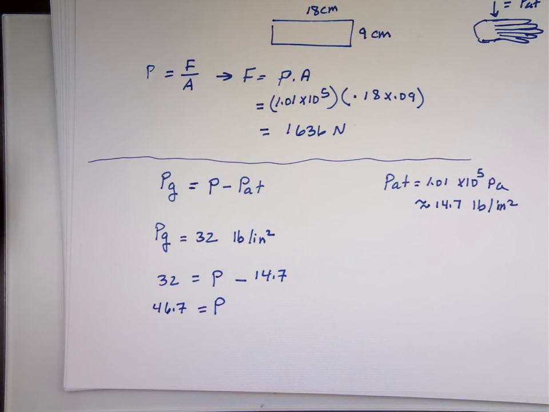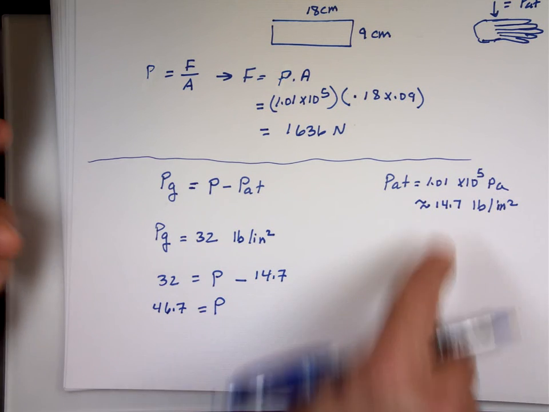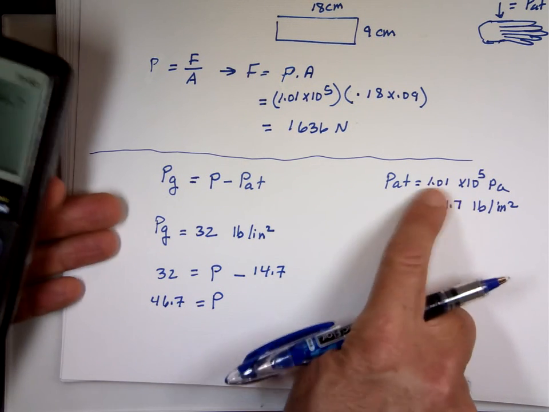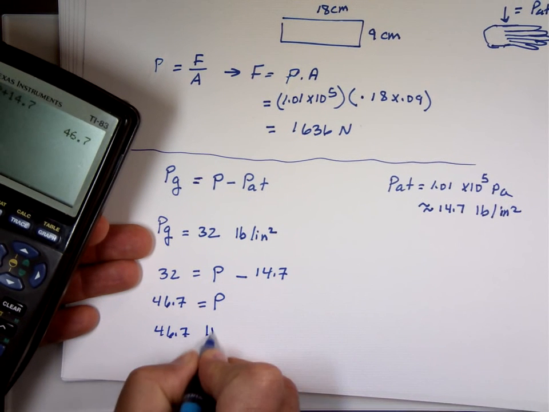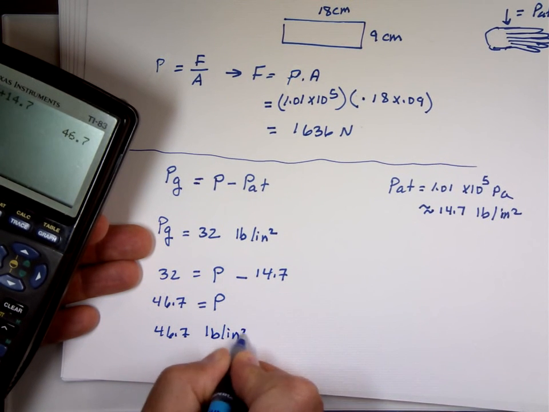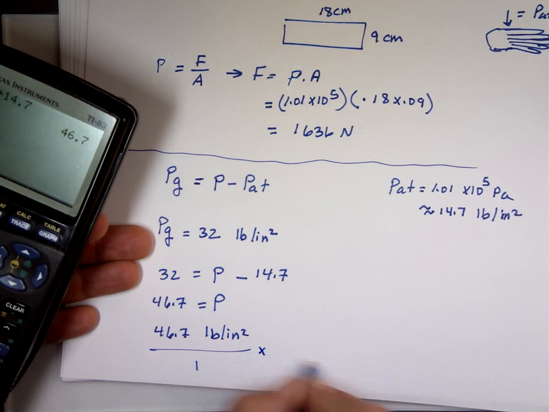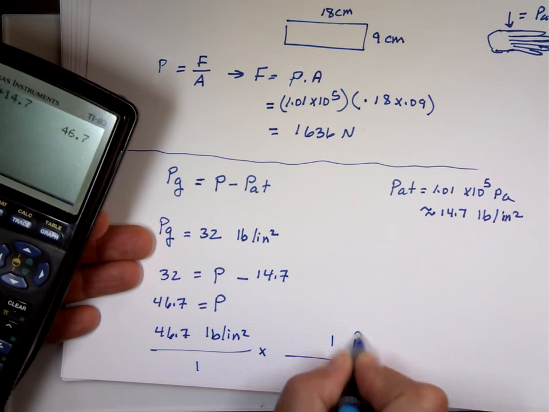If you want to convert that to Pascals, you go 46.7 pounds per inch squared over 14.7 pounds per inch squared per atmosphere.